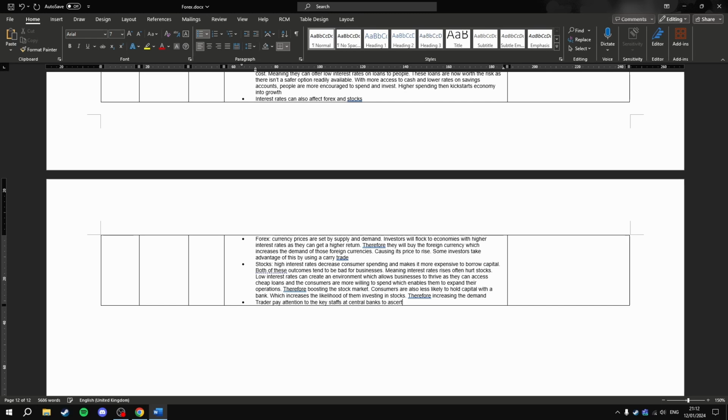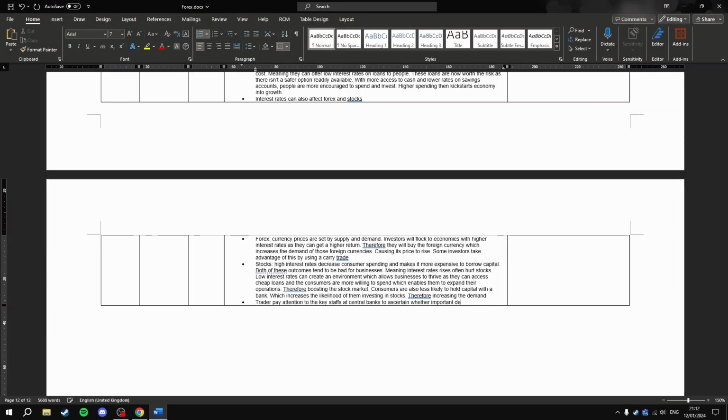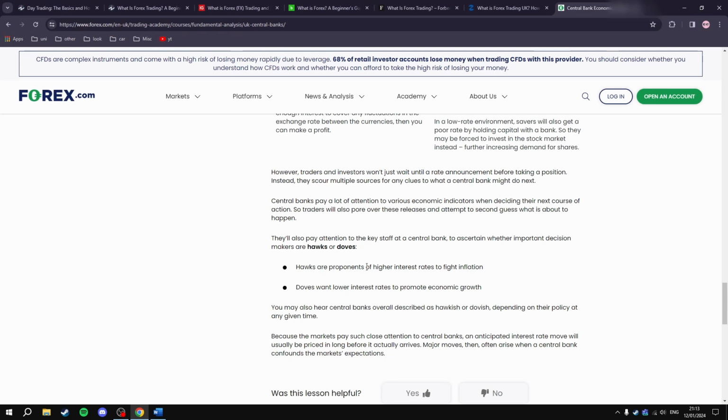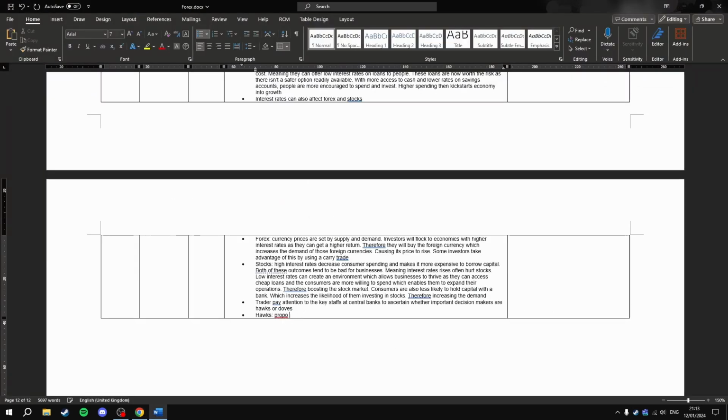Hawks are proponents of higher interest rates to fight inflation.